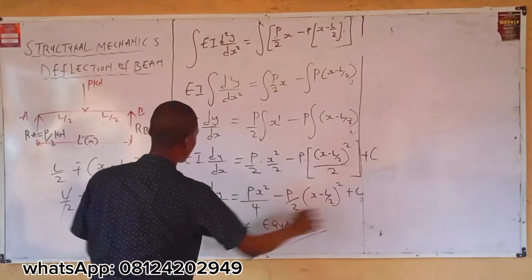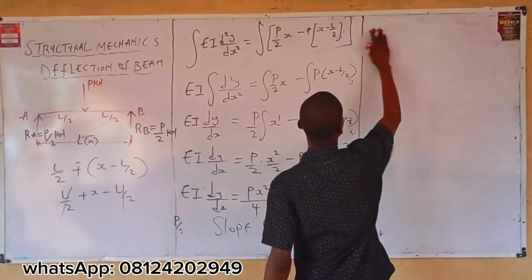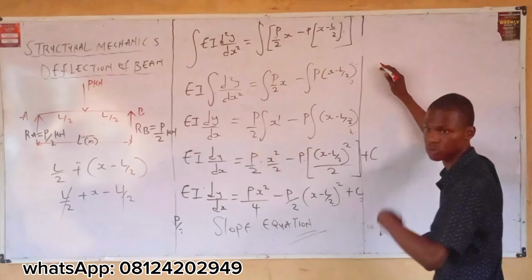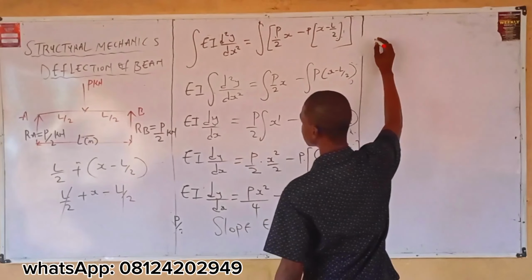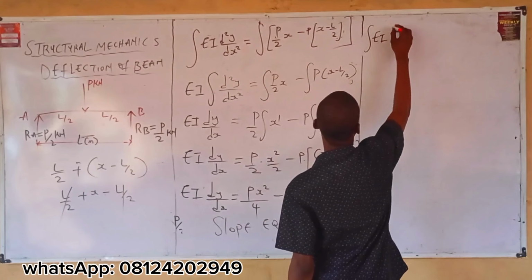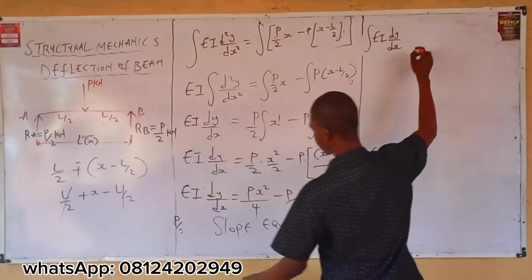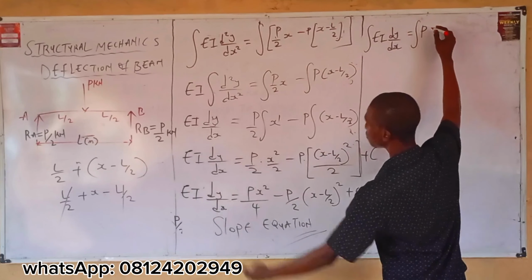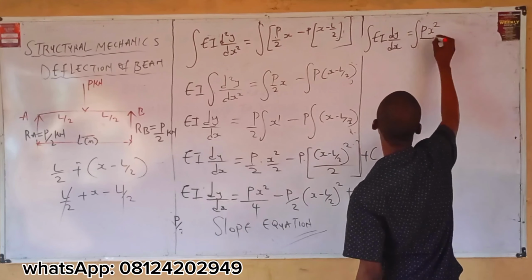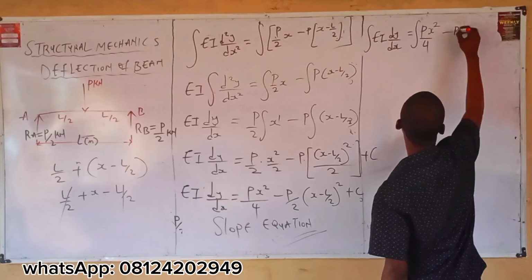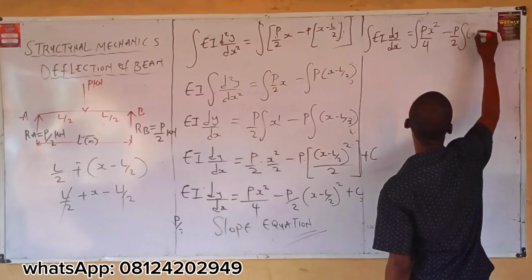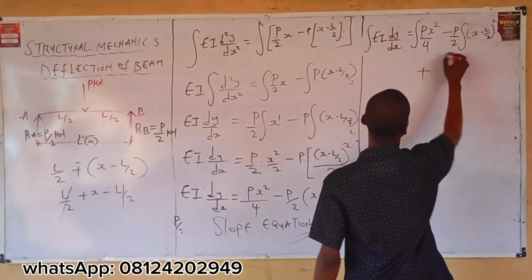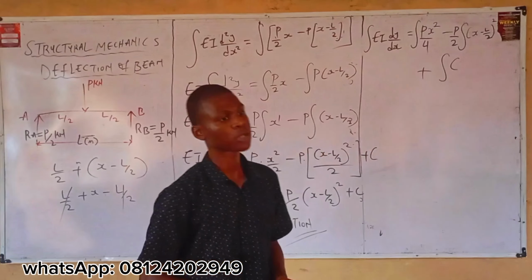Since I already know that I want to integrate the slope equation so as to get the deflection equation, that becomes the integral of EI dy over dx equals the integral of px squared over 4 minus p over 2 times the integral of (x minus L over 2) squared, then plus the integral of C. Hope you are not confused.